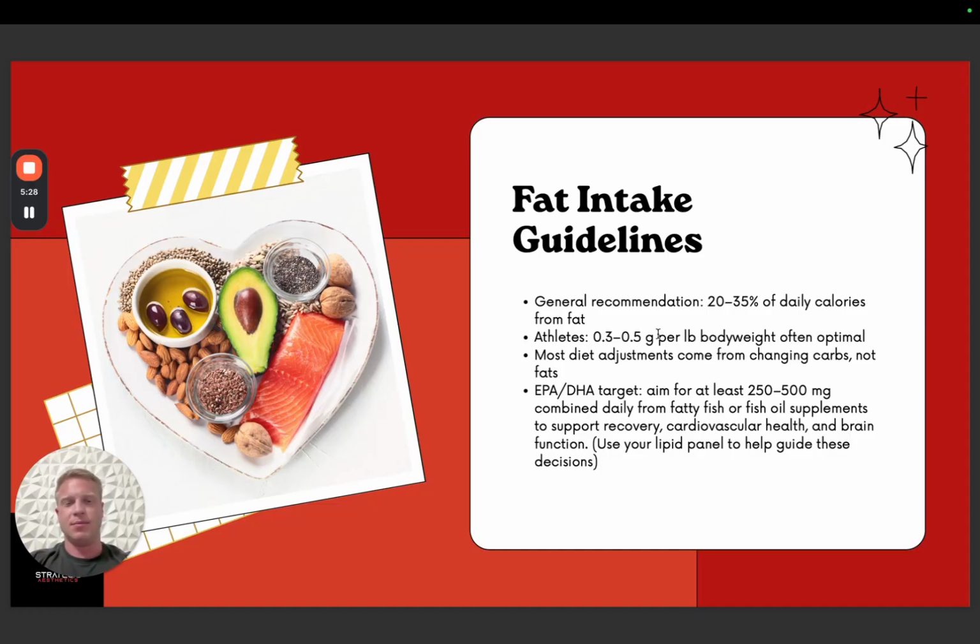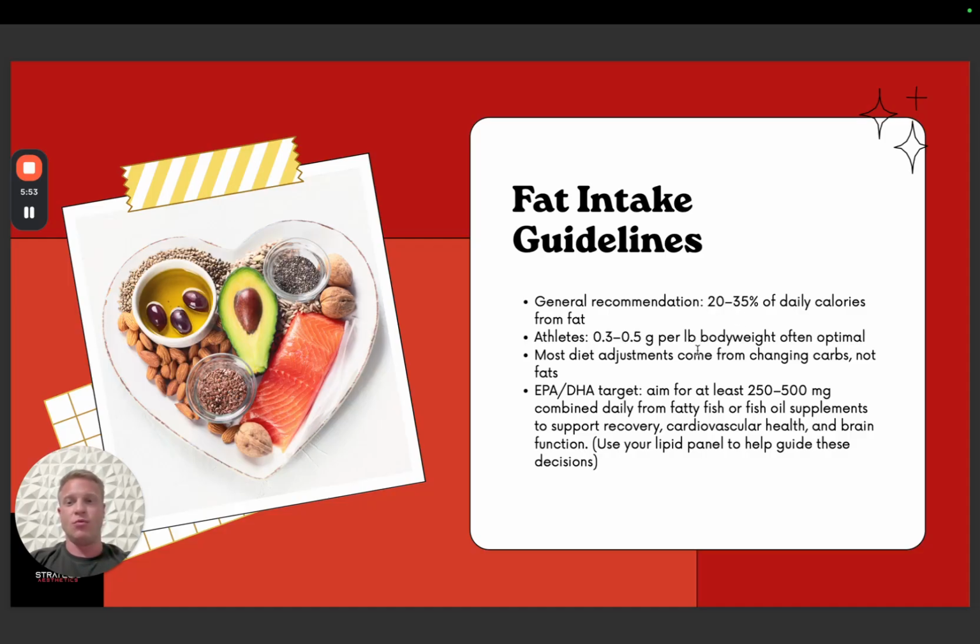Men can get a little bit more aggressive towards that 20%. And somewhere around 0.3 to 0.5 grams of fat per pound of body weight is often optimal. Again, this is going to be very individual. So you'll just want to make sure that you're getting enough of these essential fatty acids, and it stays somewhere between 20 and 35% of your diet.